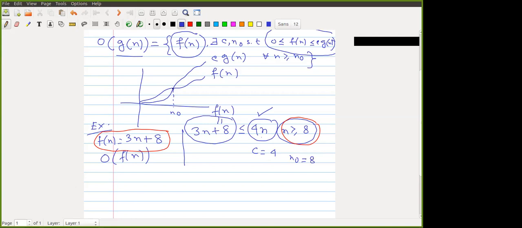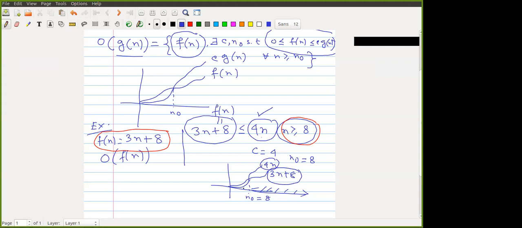After I have reached 8, 4n is dominating 3n plus 8. This is my n naught, which for our case is 8.